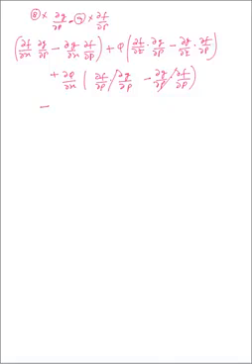Plus phi and del phi upon del z. This comes del f upon del x into del g upon del p minus del g upon del p into del f upon del p.